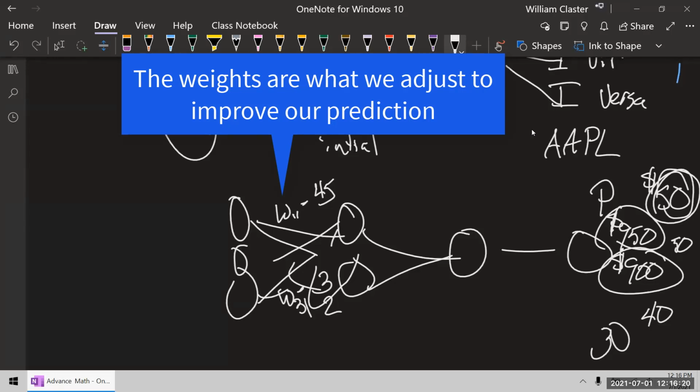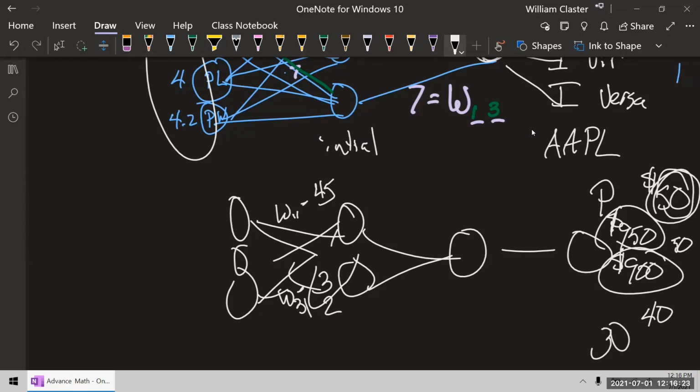The question is how? How do we adjust the weights intelligently to get good predictions? That's why we needed to review the concept of calculus, because that is going to be the trick that works. Now, people didn't know to use that calculus theory that we were talking about. They were just faced with this problem. How should we change the weights?